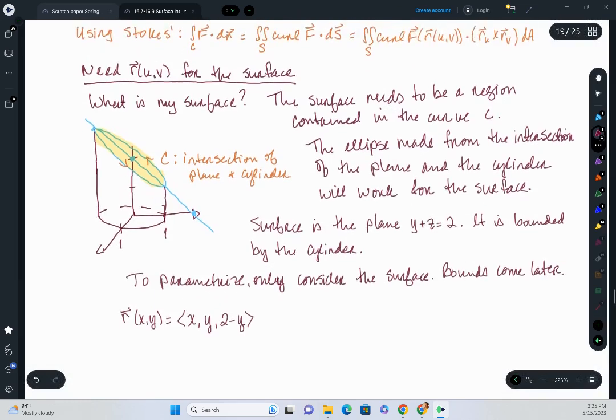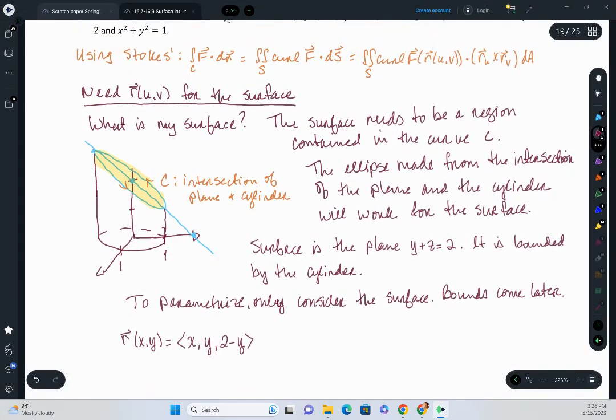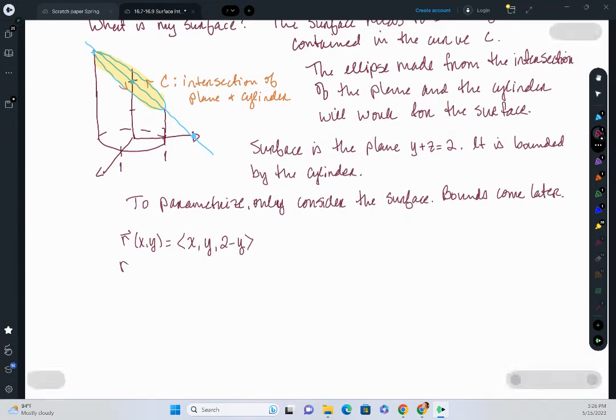All right, the next thing that we need, looking up at our integral, we need to go ahead and find r sub x, r sub y, and the cross product of r sub x and r sub y. So let's do that. R sub x is equal to 1, 0, 0. R sub y is equal to 0, 1, minus 1.